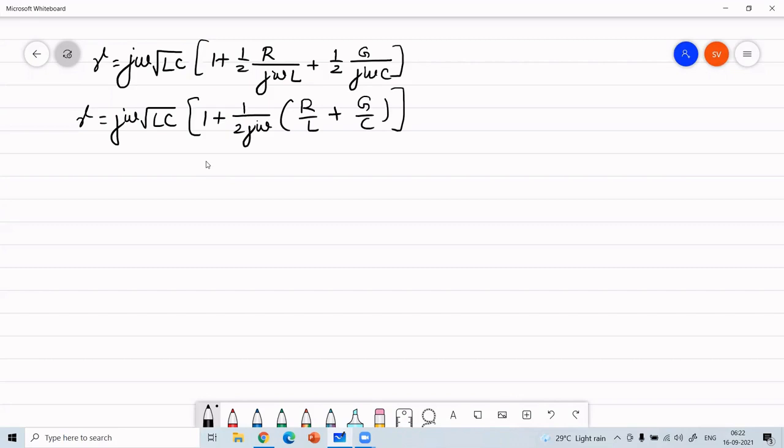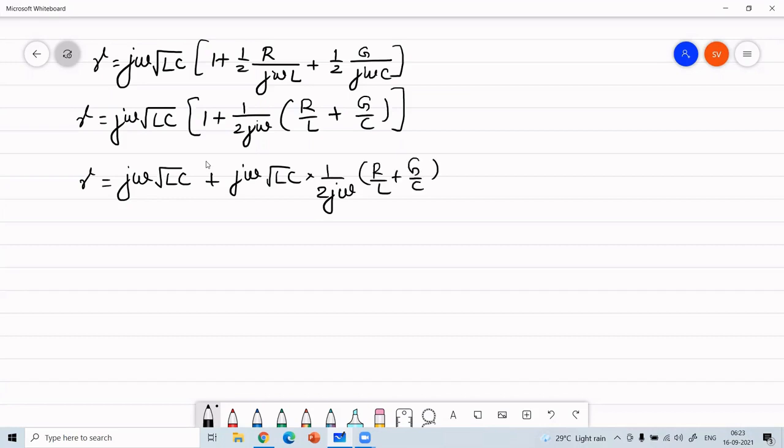Now let us multiply this j omega into root LC inside the bracket. So gamma is equal to j omega into root LC plus j omega into root LC into 1 by 2 j omega into (R by L plus G by C).